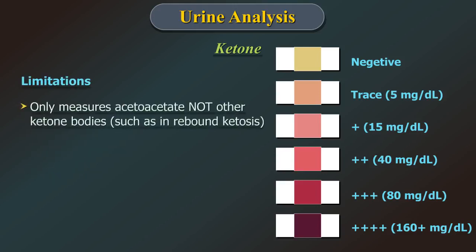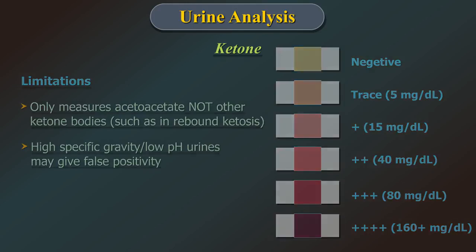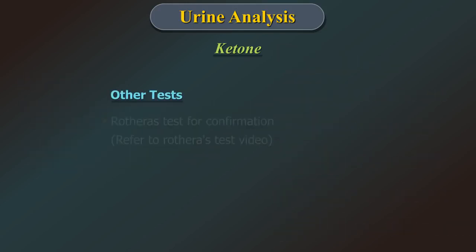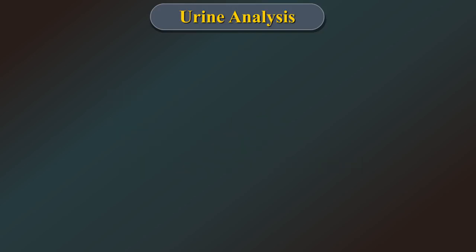Limitations are: it only measures acetoacetate, not the other ketone bodies. High specific gravity and low pH urines may give false positivity. Other tests include Rothera's test for confirmation and serum glucose measurement to confirm diabetic ketoacidosis.